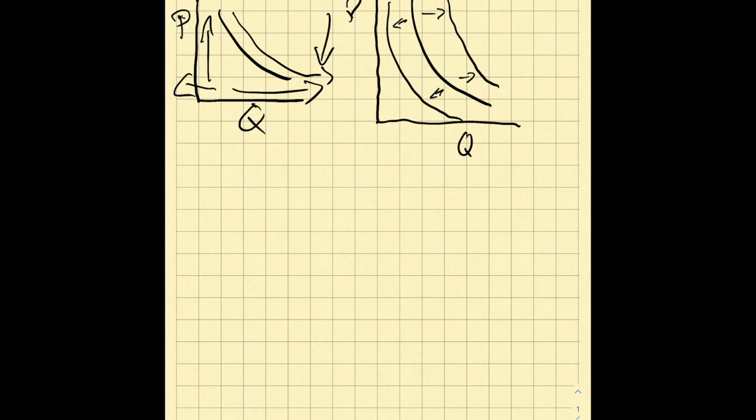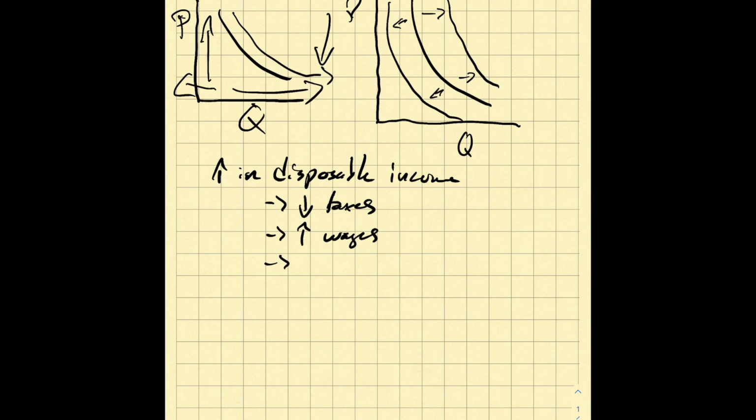Any kind of increase in disposable income, so that could be through lower taxes, increased wages, increased work hours. Anything like that can increase disposable income.